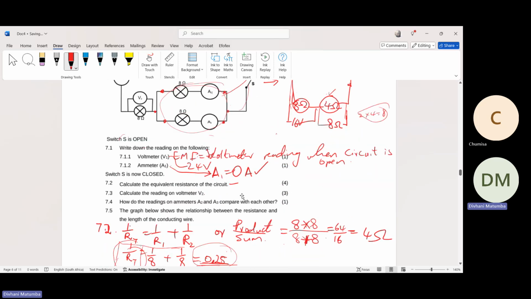I think we're running out of time. I was compiling a multiple choice test. Once I'm done with it, I'm going to share it on the group. It's going to be a small test just to prepare you for the exam. It will be timed, and you can write it whenever you feel ready.